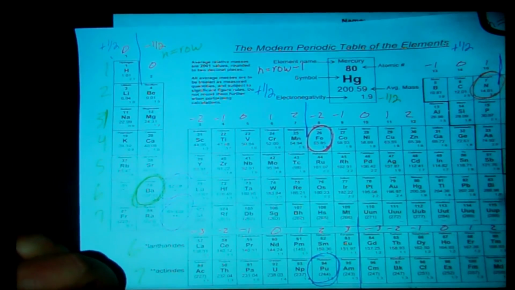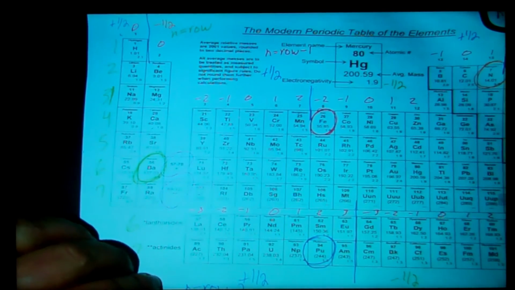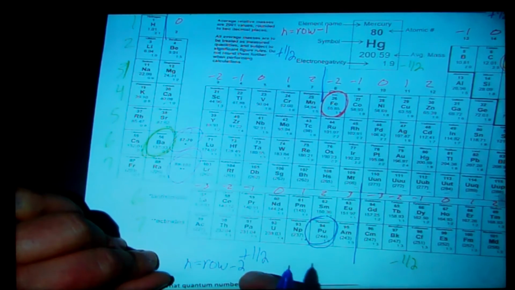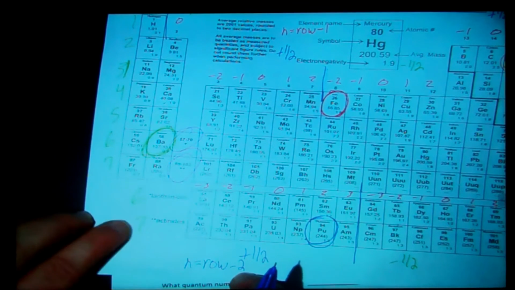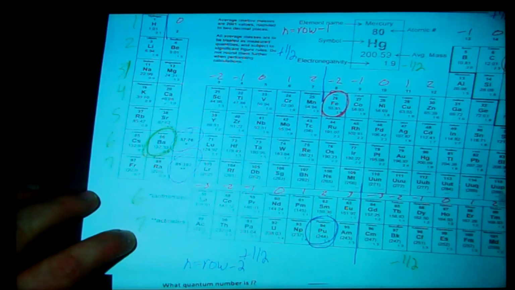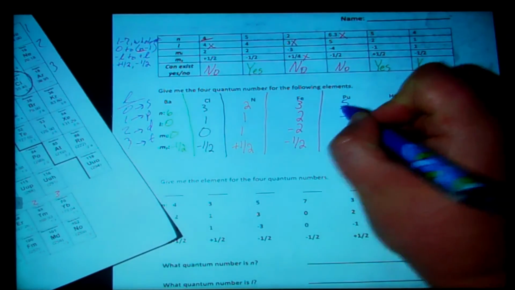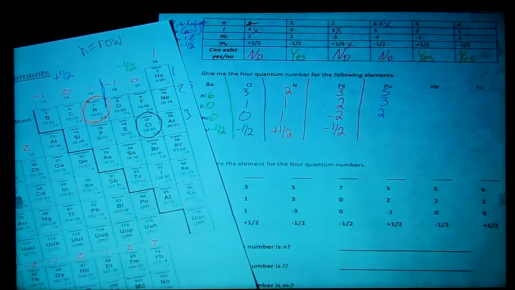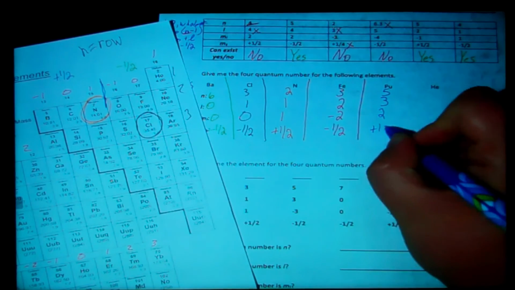So then plutonium, I'm trying to get N. N equals rho minus 2. So remember, this is the 7th row. Because remember, these actually fit right here on the periodic table. So this is the 7th row. So 7 minus 2 gives me 5. And then M sub L, just follow it up, it's 2. We're in the first half, so +1/2.